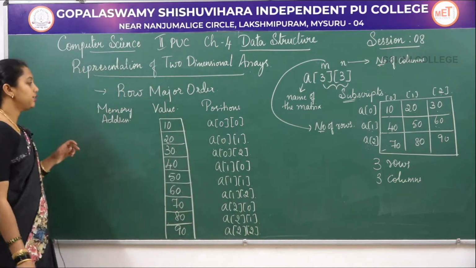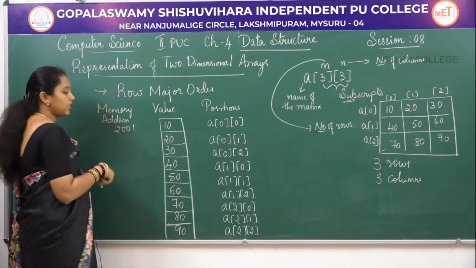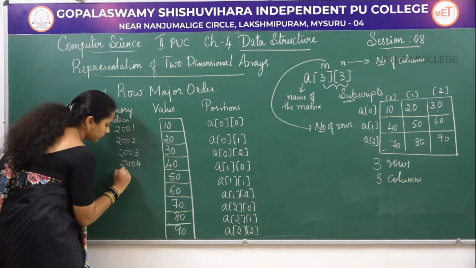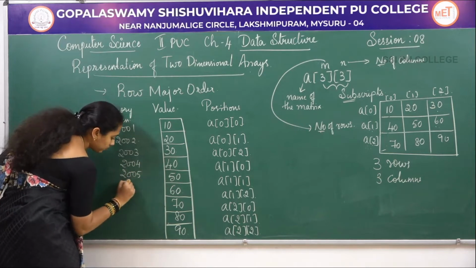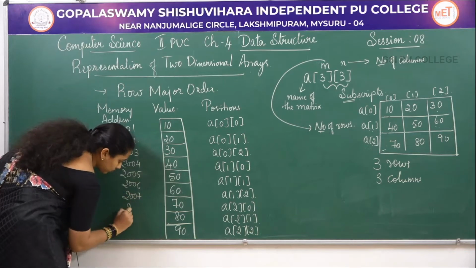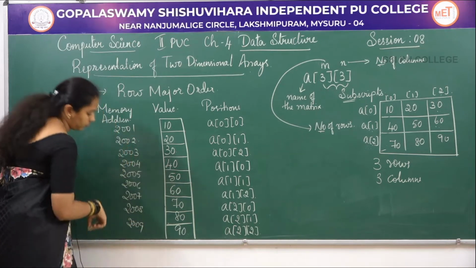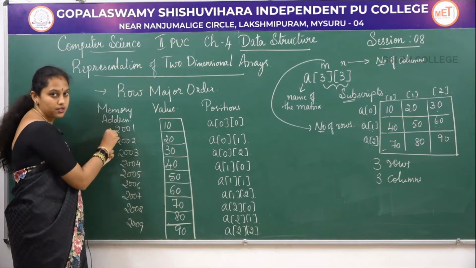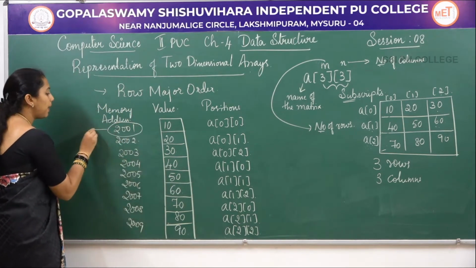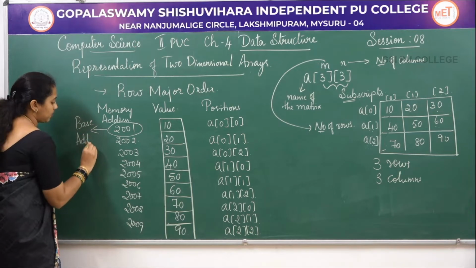So consider the first value stored in memory address 2001. This first address of the element in an array is called the base address.